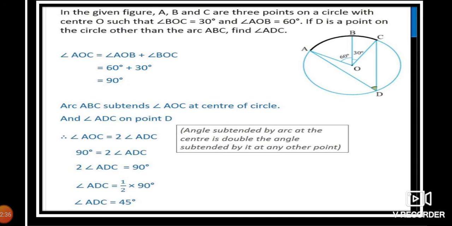In the given figure, A, B and C are 3 points on a circle with center O such that angle BOC equals 30 degrees and angle AOB equals 60 degrees. If D is a point on the circle other than the arc ABC, find angle ADC.